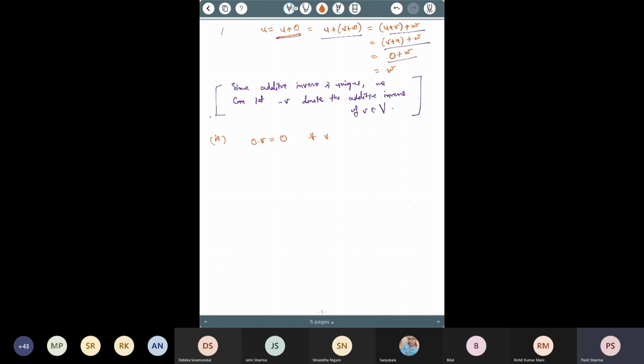So this is true for all v in V. What I'm saying is, this is the 0 of the field, the additive identity of the field, and this is the 0 of the vector space, that means the additive identity of the vector space. Now how do you prove this thing?